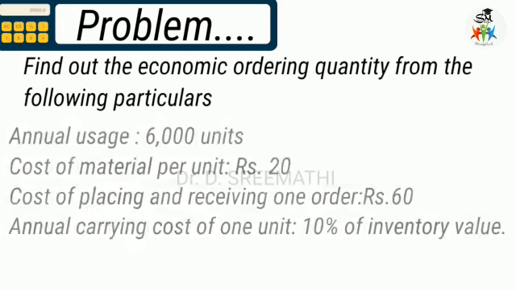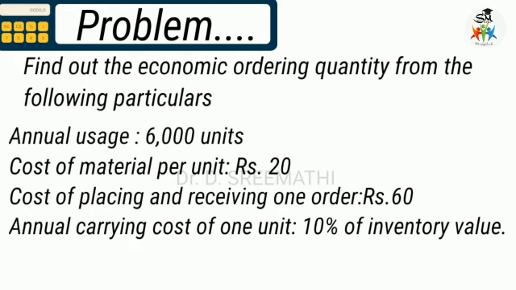Find out the economic ordering quantity, that is EOQ, from the following particulars, and also show how many orders are to be placed. Annual usage is 6,000 units, cost of materials per unit is 20 rupees, cost of placing and receiving an order is 60 rupees, and annual carrying cost of 1 unit is 10% of inventory value.